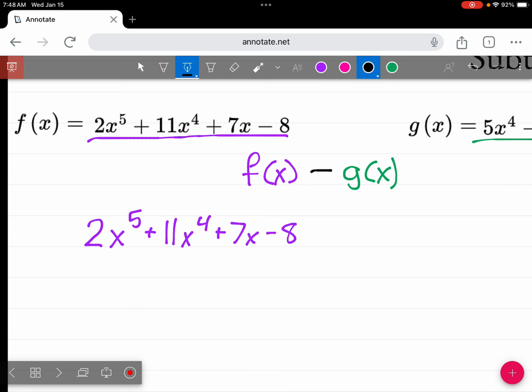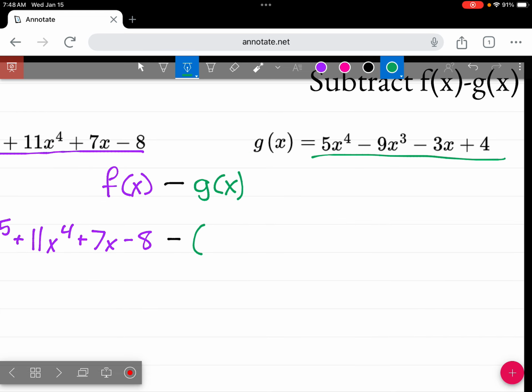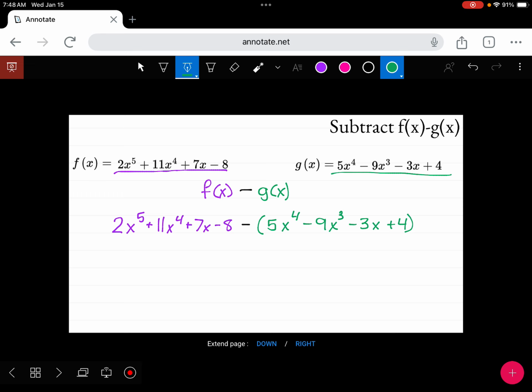I wasn't kidding, there's lots of writing. It's not super complicated, but there's just lots of writing involved. And our g of x, which is 5x to the 4th minus 9x cubed minus 3x plus 4.